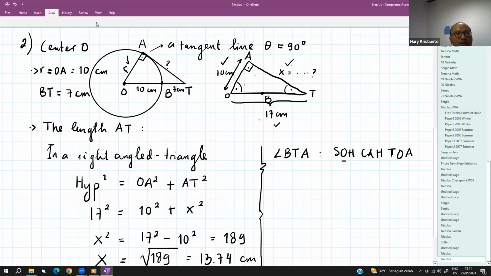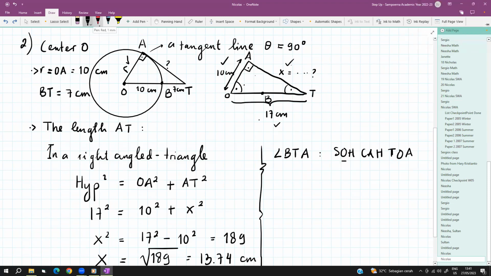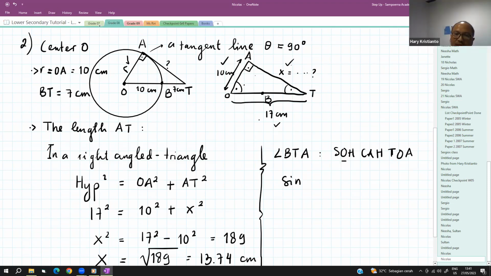Which one do you want? I used sine, sir. Okay, sine of this angle, let me call it alpha. Sine alpha equals the opposite divided by the hypotenuse. The opposite is 10, the hypotenuse is 17.